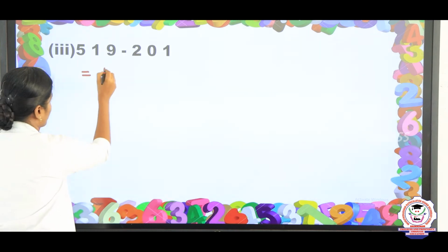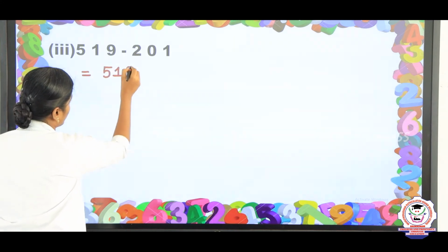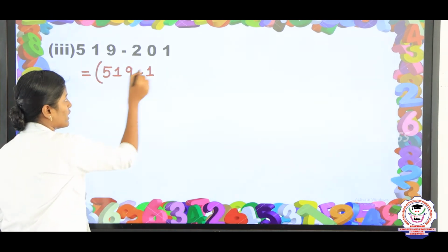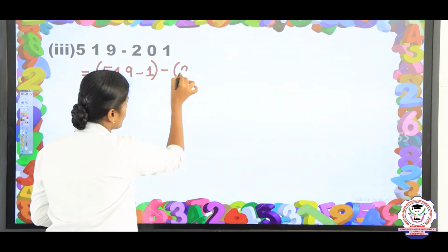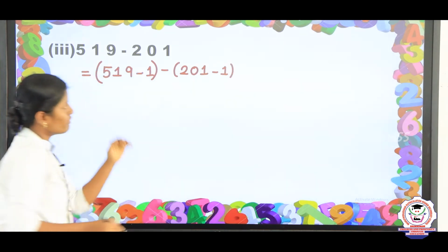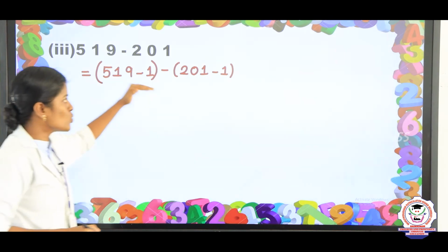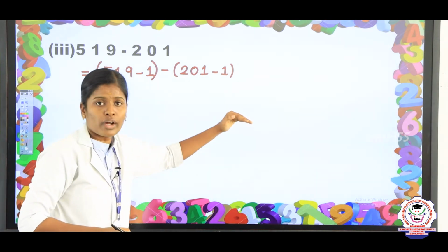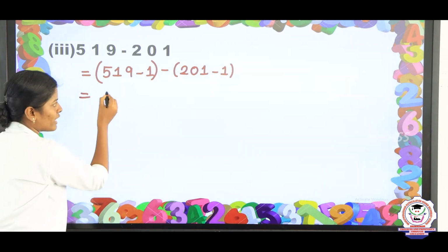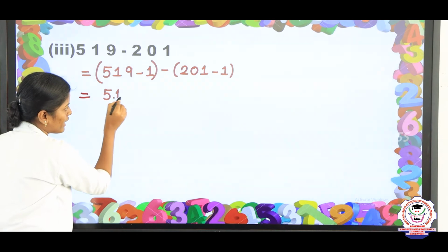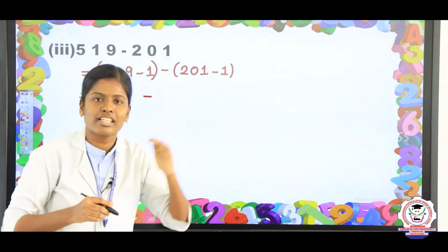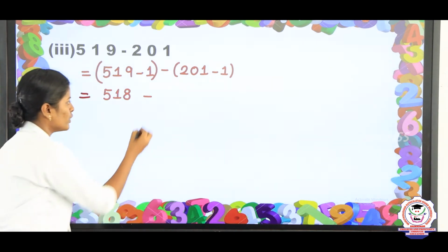Take 519 minus 1, then 201 minus 1. Now we are going to subtract this. So 519 minus 1 is 518, and 201 minus 1 is 200. So write here 200.